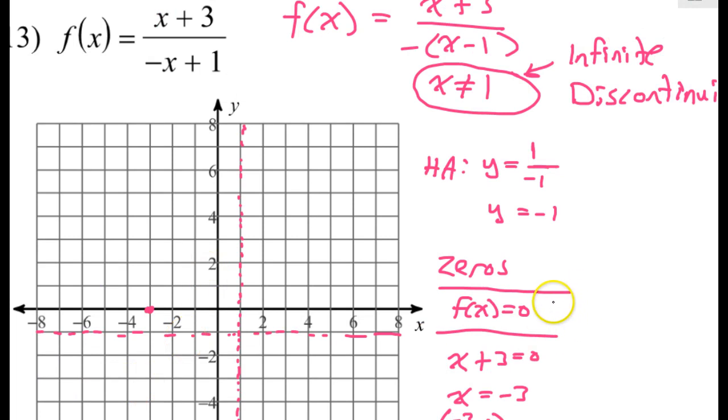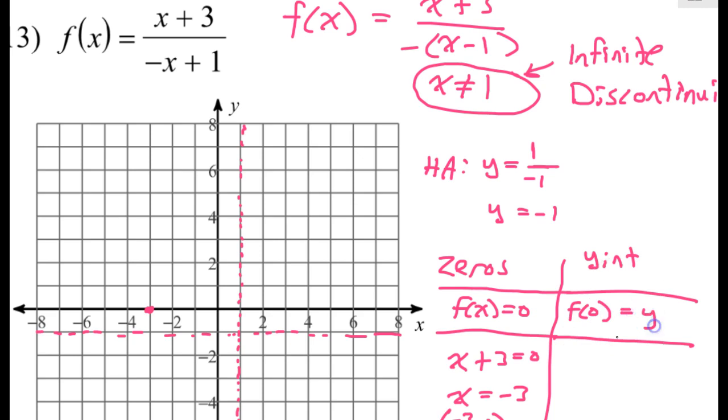Now let's talk about the y-intercept. Let me just try to organize my work a little bit. You will get the y-intercept by plugging in 0 for x, and that's going to give you the y-intercept.